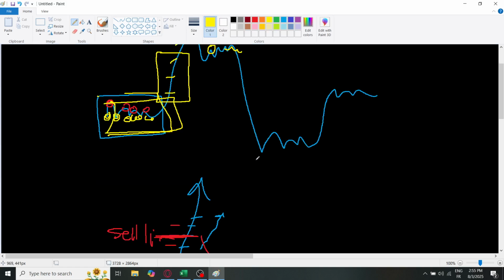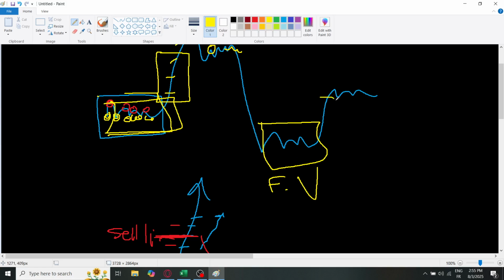There is this, which is the consolidation, also called fair value, where the buyer accepts what the seller accepts too. There is a level they are happy to trade in, and this is the fair value, which has the most contracts, of course, because it's a consolidation.